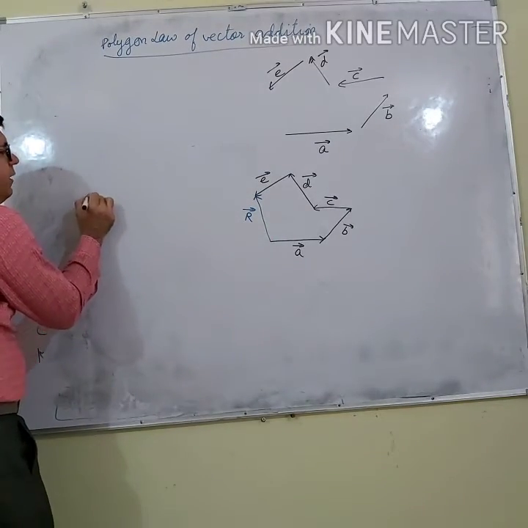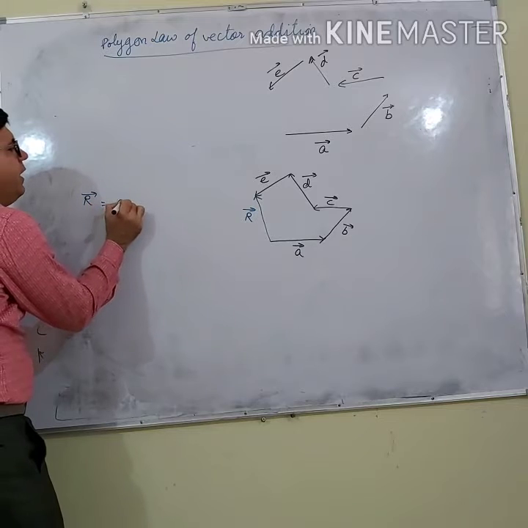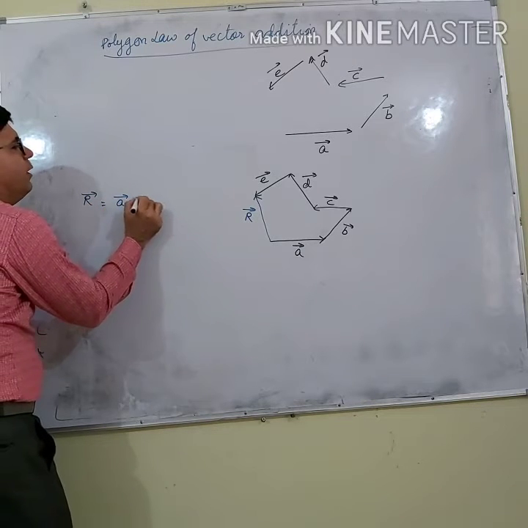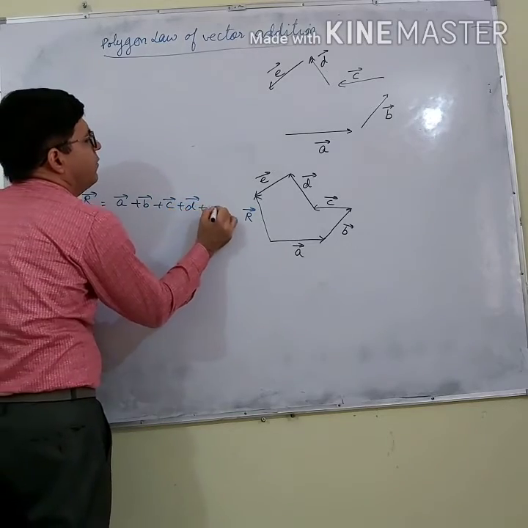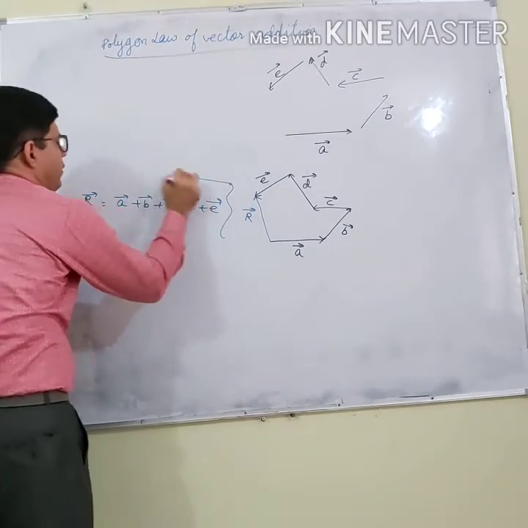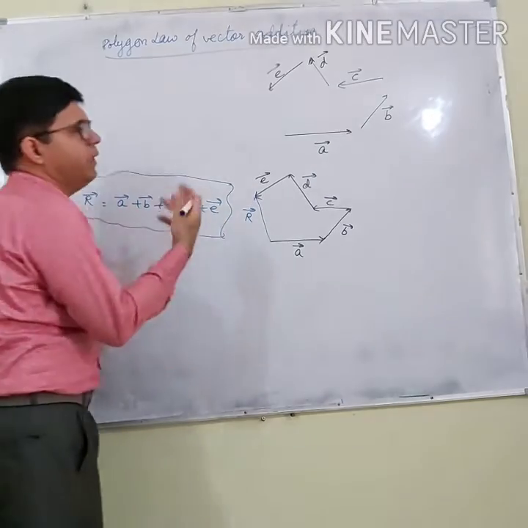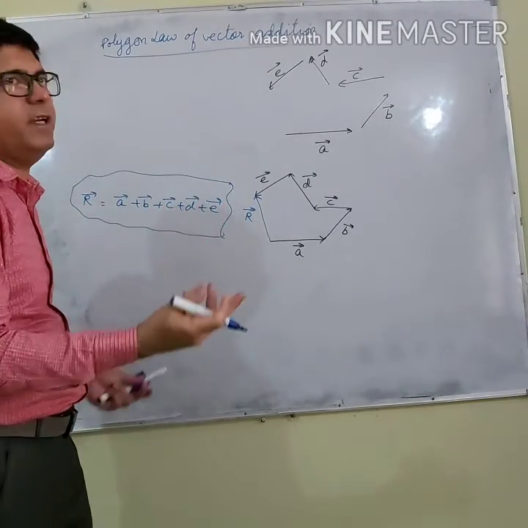That is R equals vector A plus vector B plus vector C plus vector D plus vector E. This is the polygon law of vector addition.